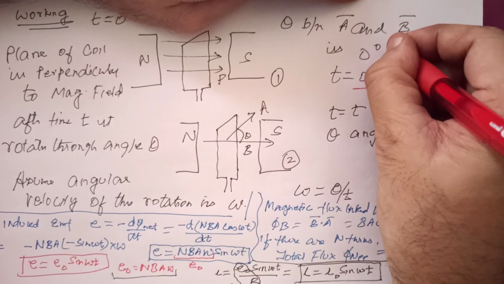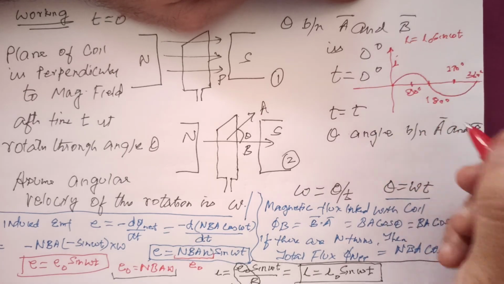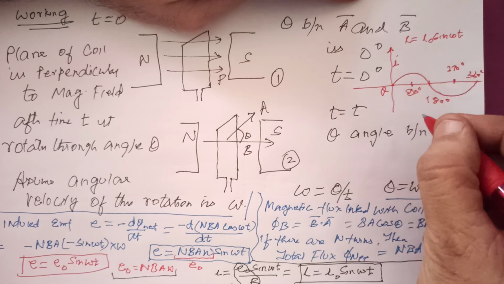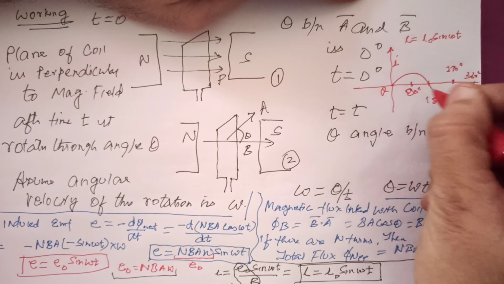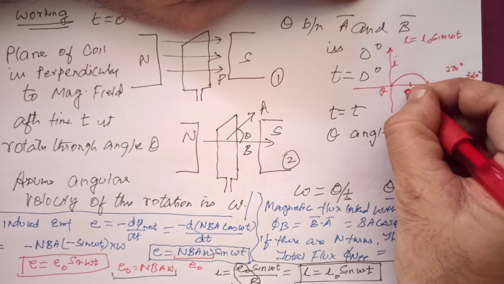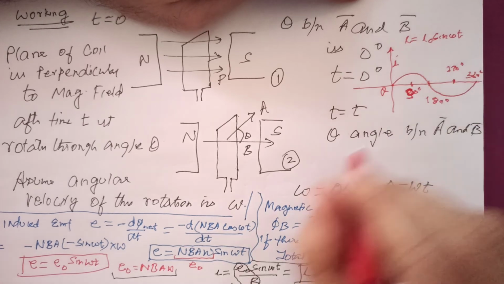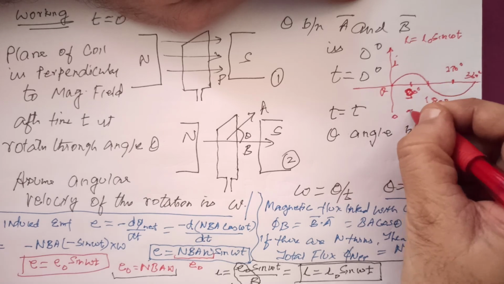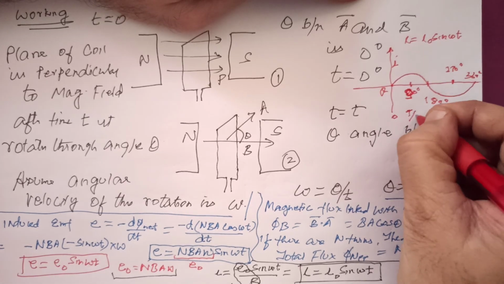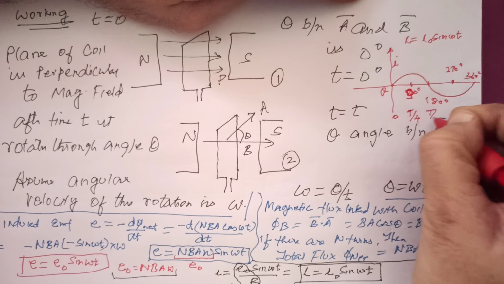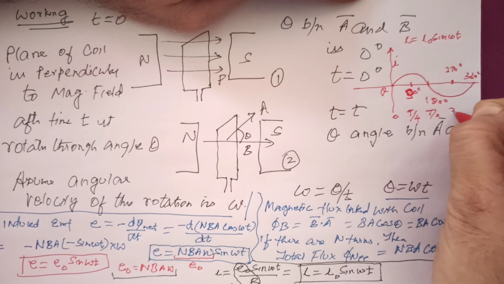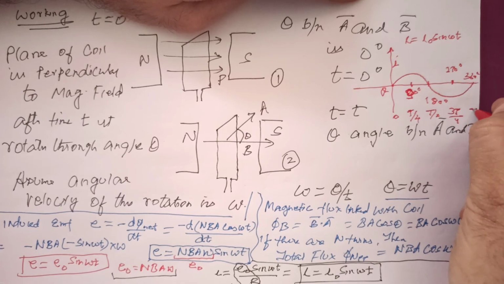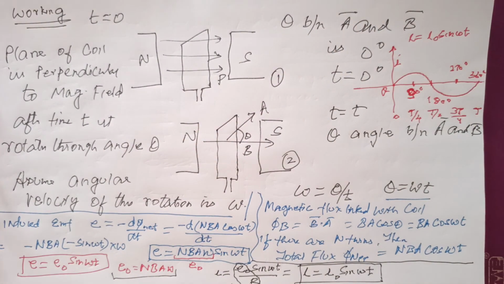This is I and theta. Let me make it clear: this is 0, T by 4, T by 2, 3T by 4, and T. So this would be the graph.